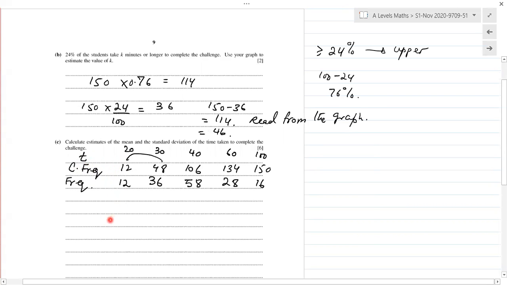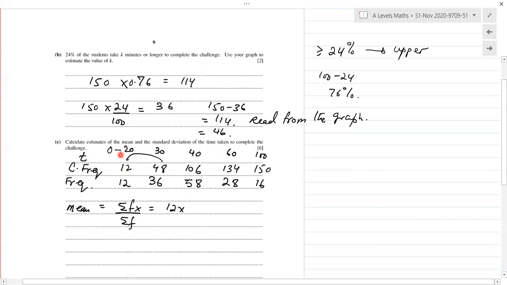Now the question is asking us to find the mean and the standard deviation. For the mean, since this is grouped data, we do sigma fx over sigma f. So we're going to do the same over here. Frequency is 12 multiplied by, now remember this is from 0 to 20, so it's going to be the mid value of this.